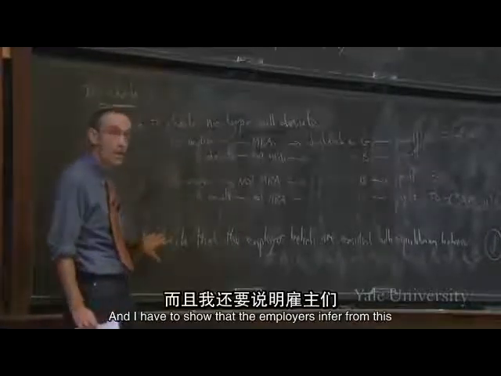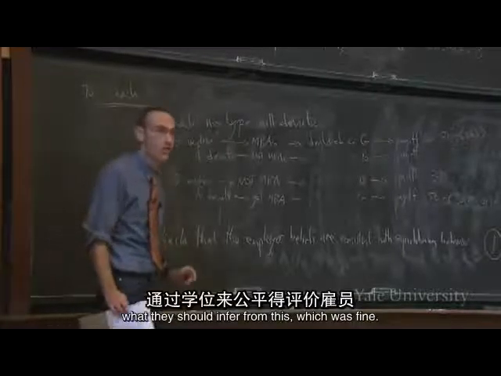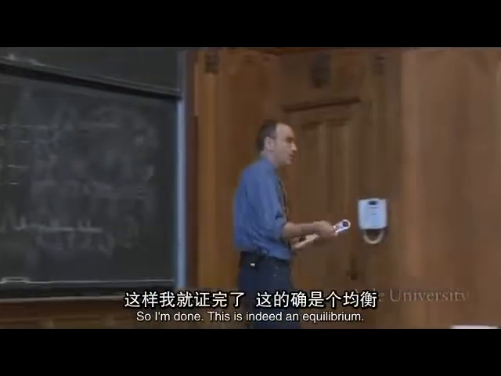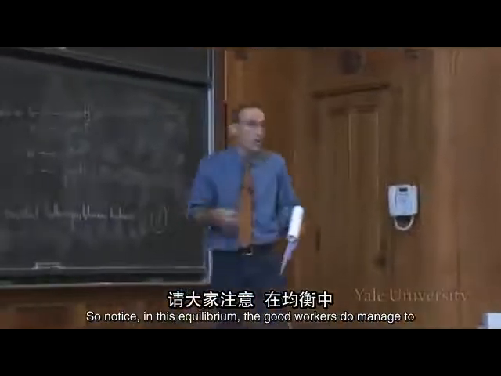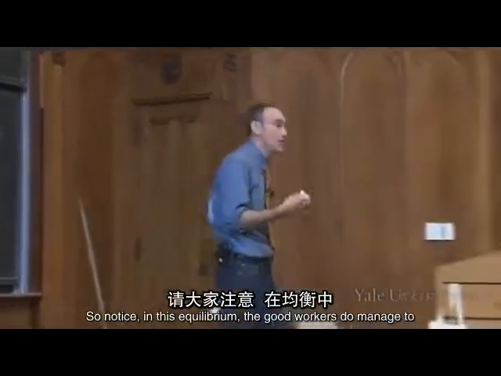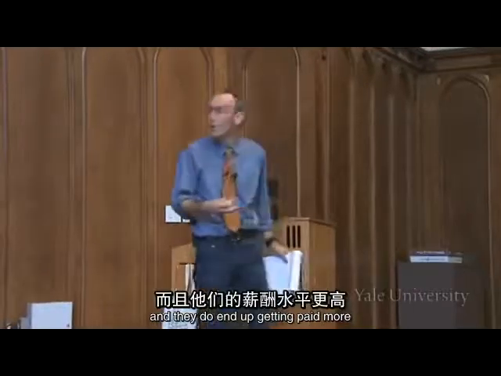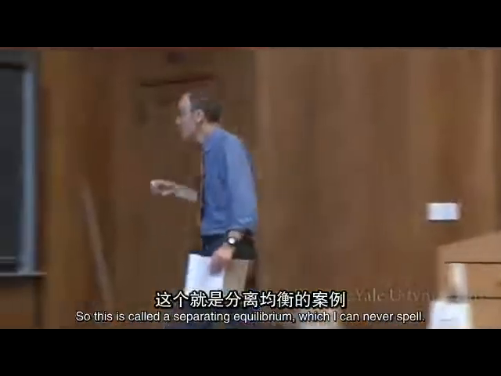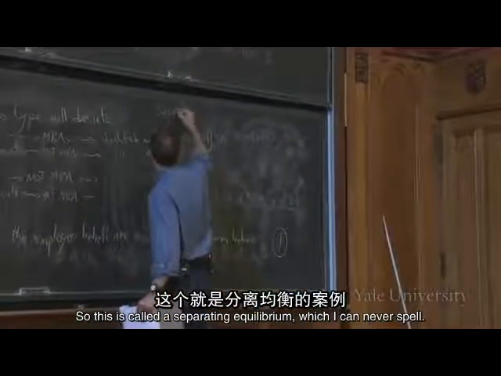And I have to show that the employers infer from this what they should infer, which was fine. So I'm done. This is indeed an equilibrium. Notice, in this equilibrium, the good workers do manage to distinguish themselves from the bad workers, and they do end up getting paid more, albeit at the cost that they're going to die a year later. So this is called a separating equilibrium.